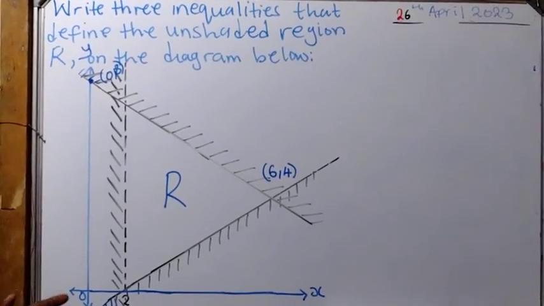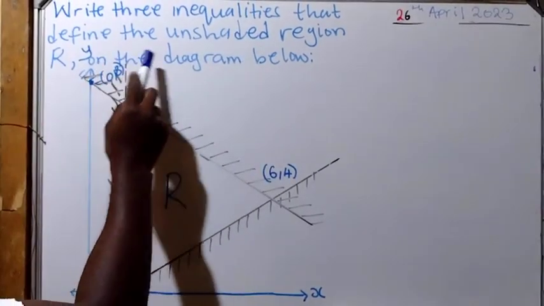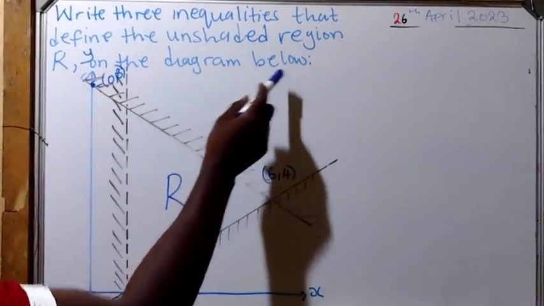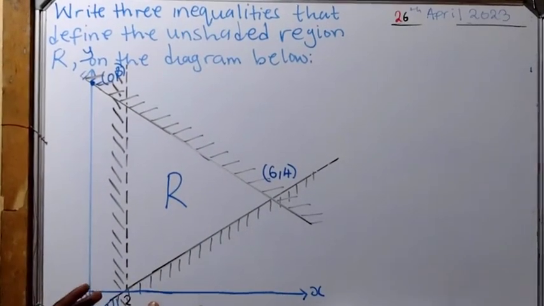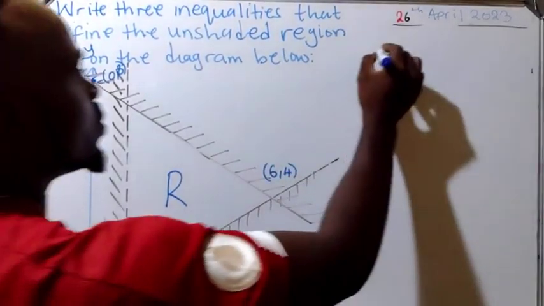So we have this question which is saying, write 3 inequalities that define the unshaded region R on the diagram below. It's very important that you identify the lines, then you start with the easiest one. So, solutions.